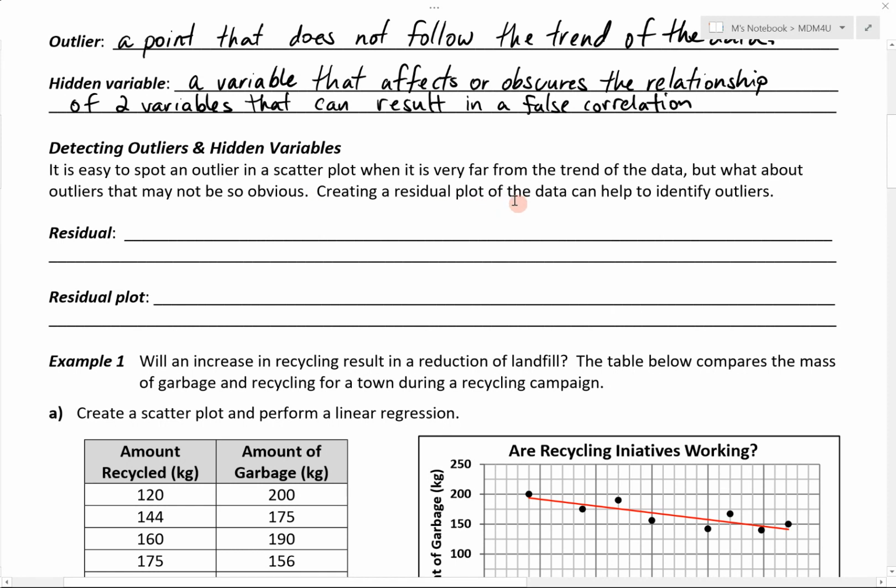So I first define what is the residual. The residual is the vertical distance between the data point's actual observed dependent value and the value predicted by the line of best fit. So I'm going to write that down here.